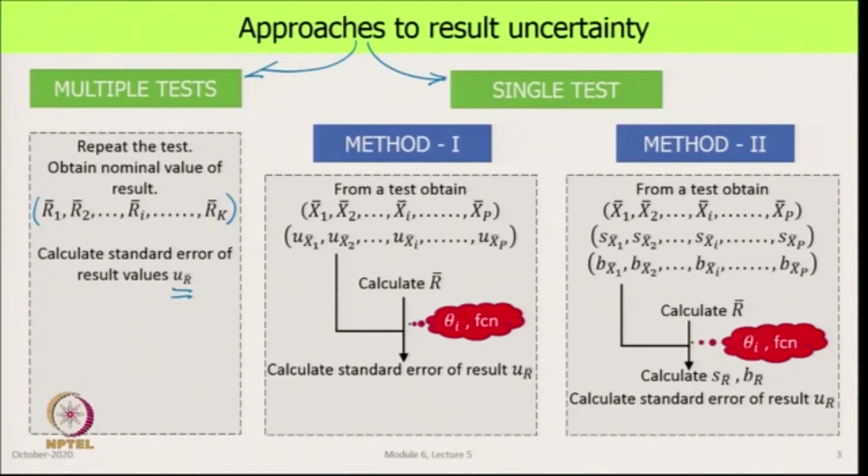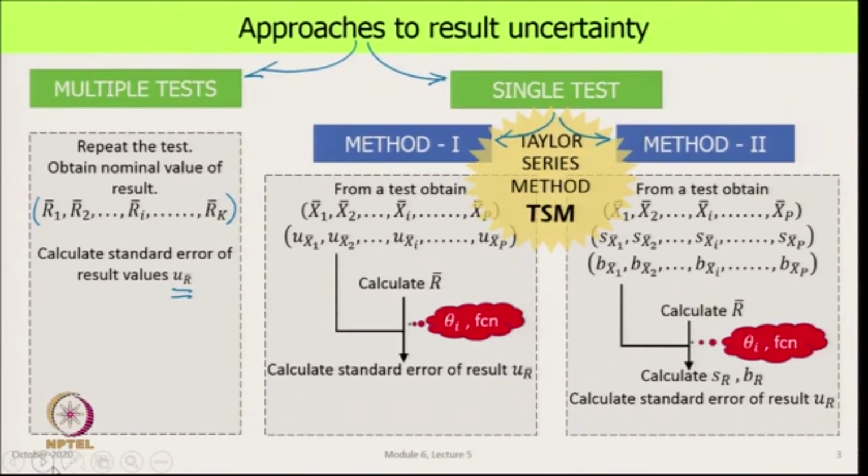The other option was doing a single test, which we said that we could follow method 1 or method 2. Both these methods are based on the Taylor series method or TSM. In method 1, we calculate the standard uncertainty in each measurement and then use that to calculate standard uncertainty of the result.